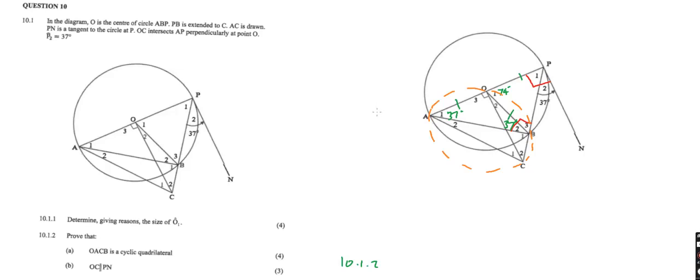But if I want to use angles in the same segment, then C1 will go with B2, or I'll have A2 going with O2 like that, or I can have C2 going with A1.